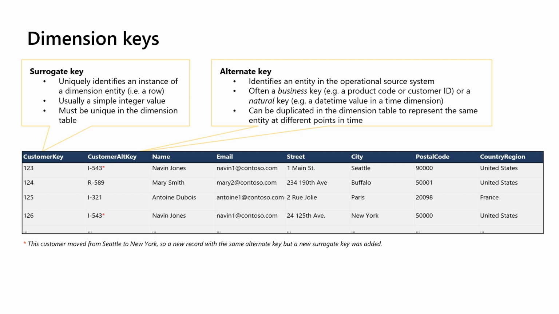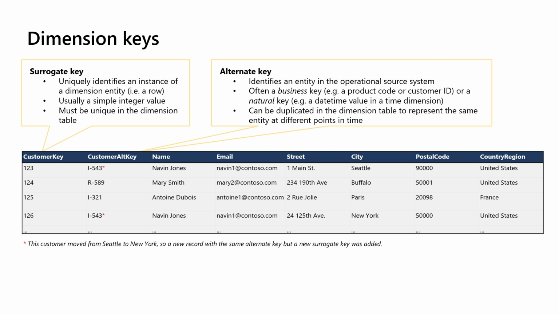The important point is that the dimension table might need to contain multiple records for a specific entity instance to represent its attributes at different points in time. For example, in the slide, there's a customer named Navin Jones, who at some point moved from Seattle to New York.